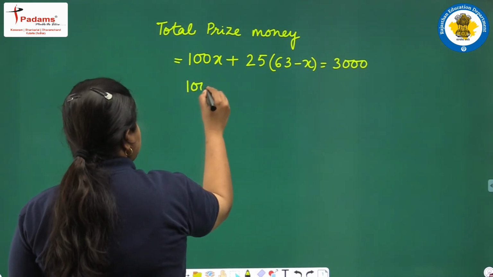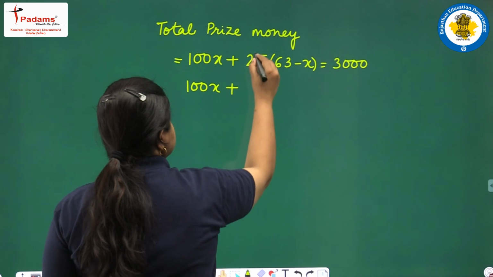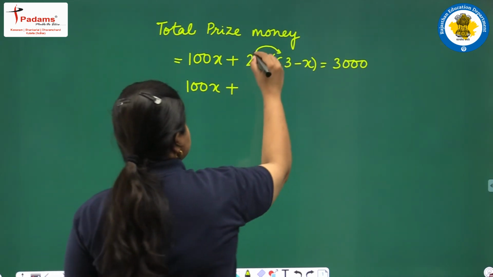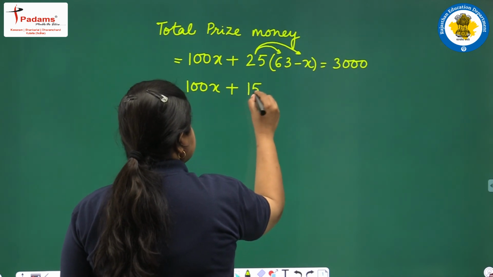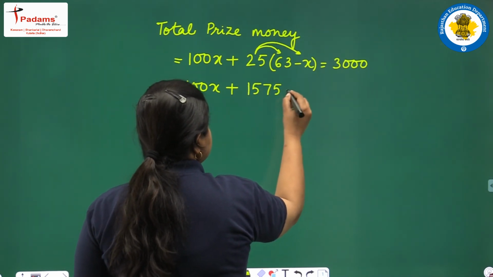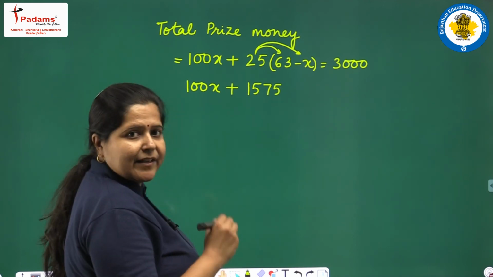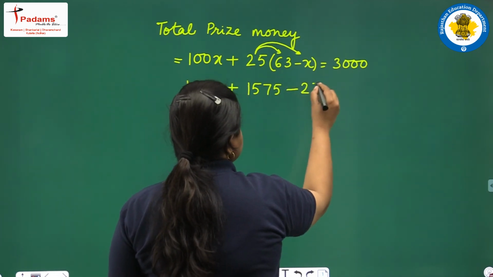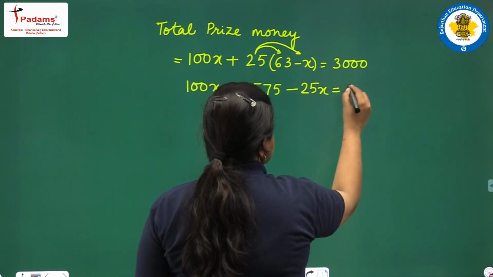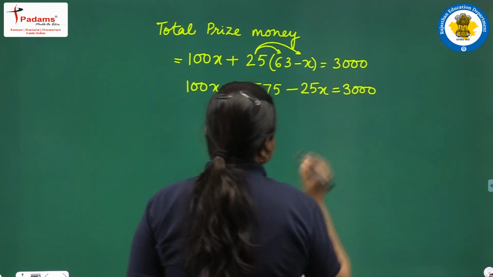Now we will simplify it. 100x plus 25 will be multiplied to 63 as well as to x. 25 into 63 will give us 1575. You can always multiply in the rough part of your copy. Minus 25 into x will give you 25x equal to 3000.